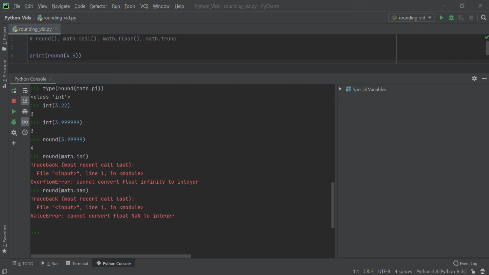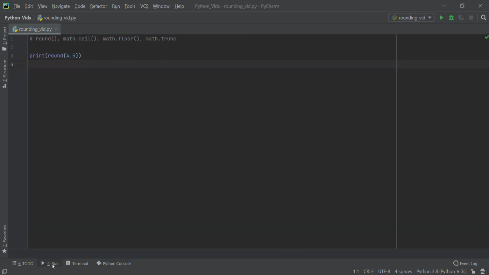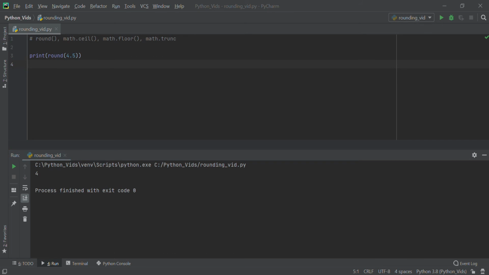How can we use this math module to do other kinds of rounding? Well, let's talk ceiling, floor, and then truncating. Let's start with ceiling. If you remember, integers can be positive, negative, or 0, but they can't be a decimal.